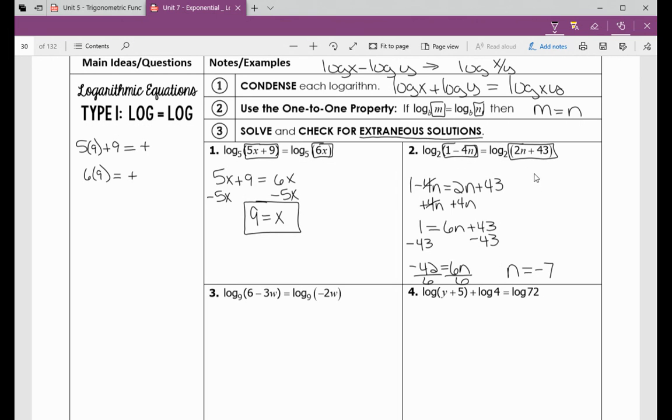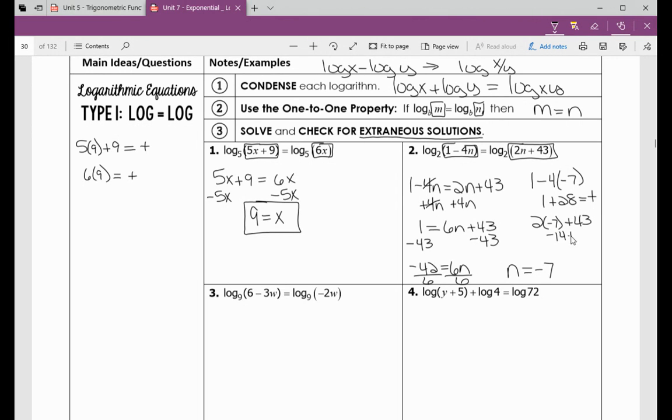So 1 minus 4 times negative 7 becomes 1 plus 28, and 1 plus 28 is a positive answer, correct? So we're good here. I also have to check it over here. 2 times negative 7 plus 43.